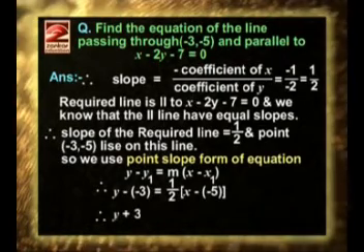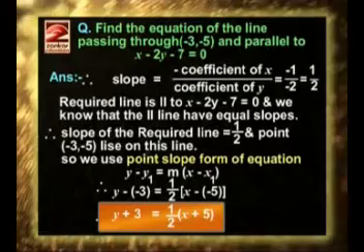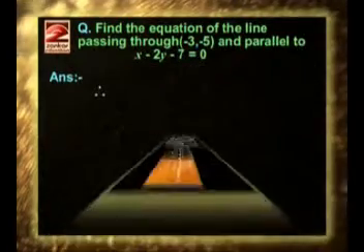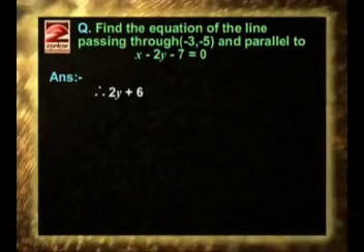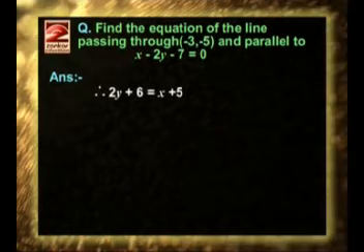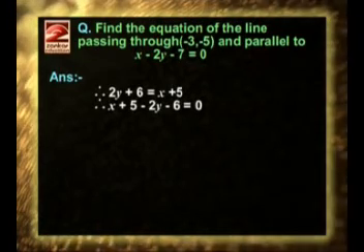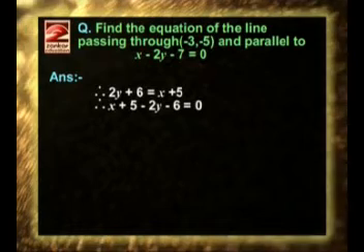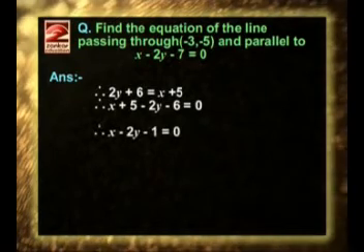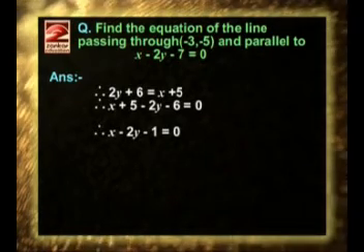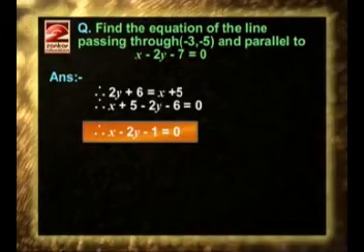Therefore y plus 5 is equal to 1 upon 2 (x plus 3). Therefore 2y plus 10 is equal to x plus 3. Therefore x plus 3 minus 2y minus 10 is equal to 0. Therefore x minus 2y minus 7 is equal to 0 is the equation of the required line.